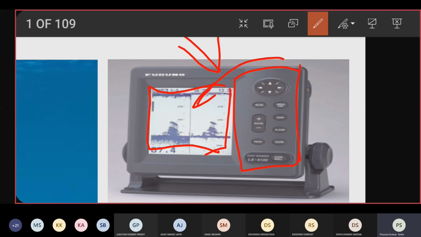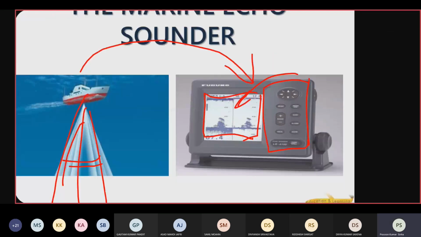The number of controls may differ from device to device, but in general there will be a certain kind of control. Like range selection, हर device में होगा. Gain control, हर device में होगा. Screen brilliance, panel brilliance, हर device में होगा. So look and feel may be different, but in general it will remain the same.